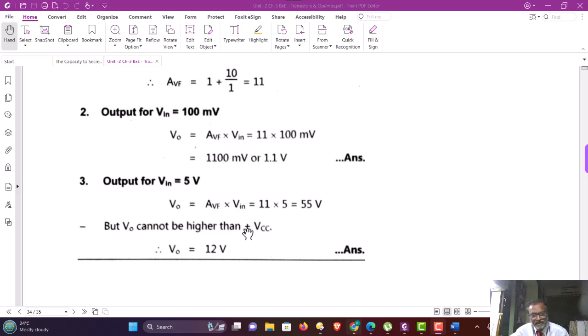Here the supply voltage given is 12 volt, and therefore in the positive direction the maximum output voltage will be stuck at 12 volt. Theoretically we calculate 55 volt, meaning the op-amp output tries to increase and saturates at the supply voltage, and the output voltage remains equal to 12 volt. We say that this amplifier saturates when the input voltage applied is 5 volt.